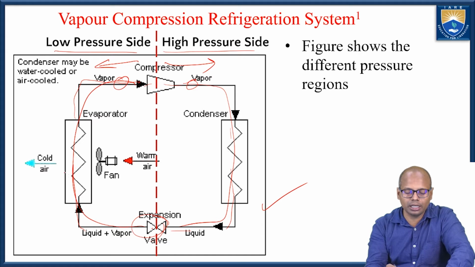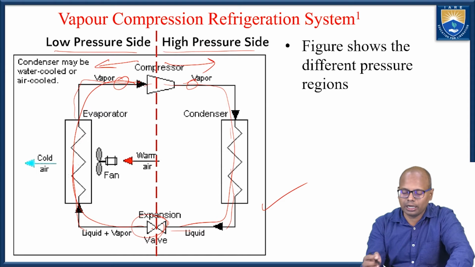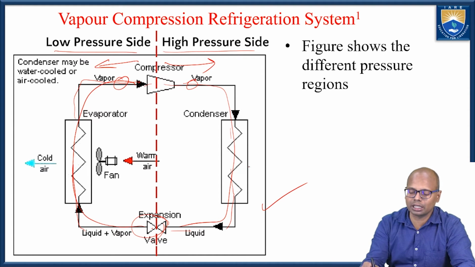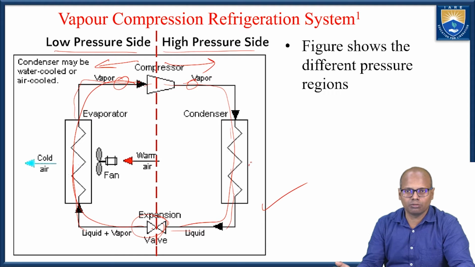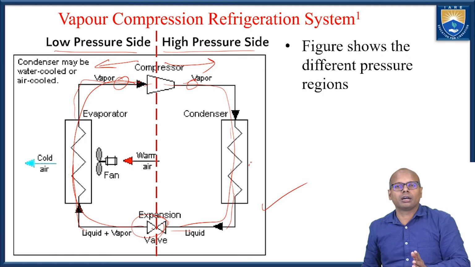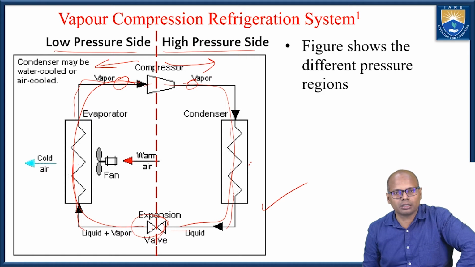So here what is happening is the evaporator is taking heat from the place which we need to be kept at a lower temperature, and in the condenser it is giving heat to some coolant which is circulated through this heat exchanger, be it air blown or something, whatever is required. Okay, so this is the schematic representation of the VCR, vapor compression refrigeration cycle or system.